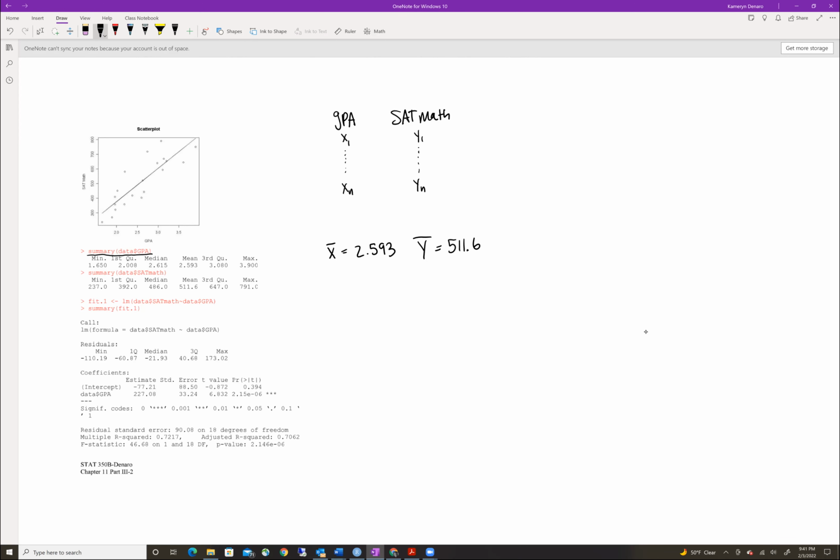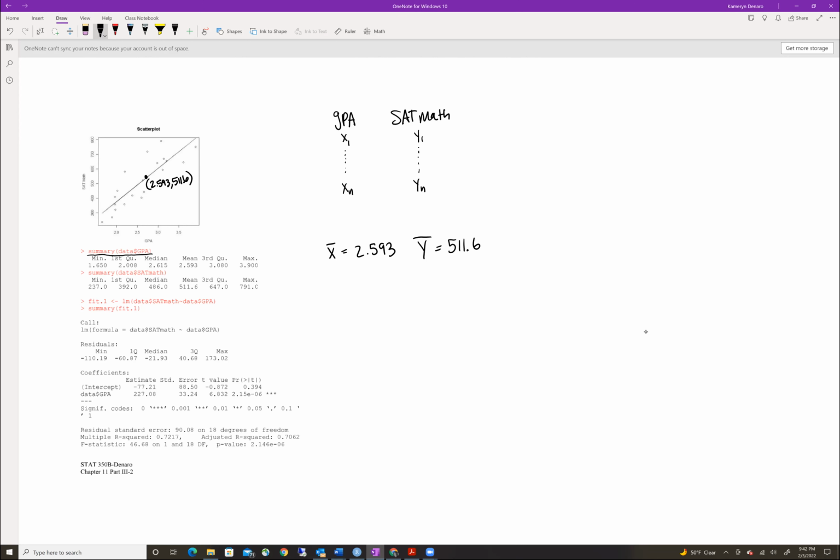So 2.593 and 511.6 will be on the best fitting line to the data.